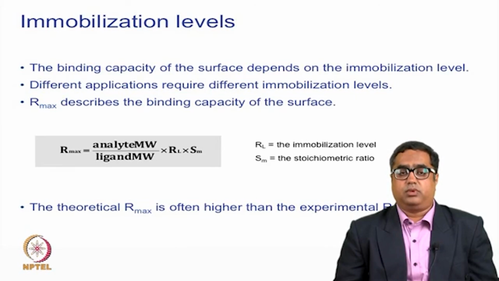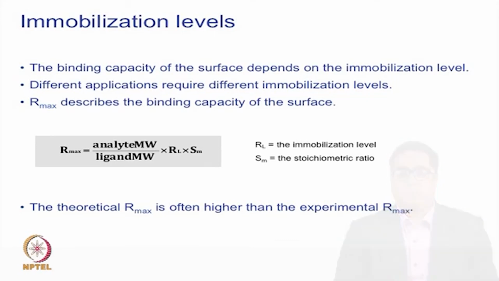Once it is determined, we ask the machine to immobilize at that particular level. Sometimes we can go with time and flow mode, in which you ask the machine to flow your molecule at a particular pH for some amount of time at a particular flow rate, and whatever immobilization happens at the end is the immobilization level.